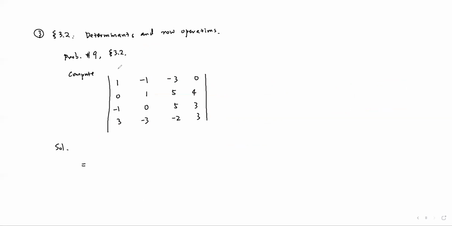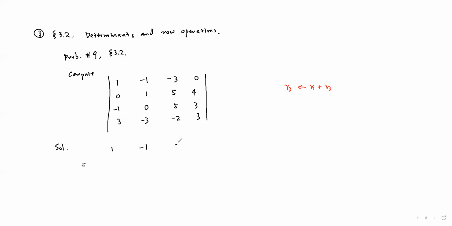First, I use number 1 to eliminate -1. The operation is row 1 plus row 3, then put the result in row 3. This operation doesn't change the value of the determinant.